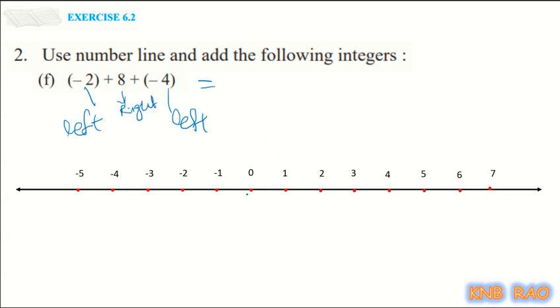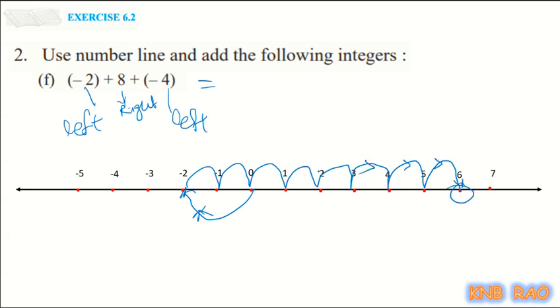So first from 0 I moved 2 points towards left to reach minus 2. From there I am moving right for 8 steps. 1, 2, 3, 4, 5, 6, 7, 8. That means I reached at 6 by adding plus 8.